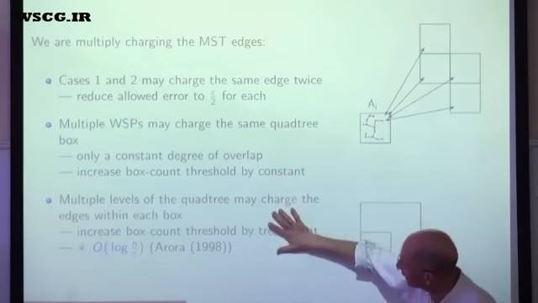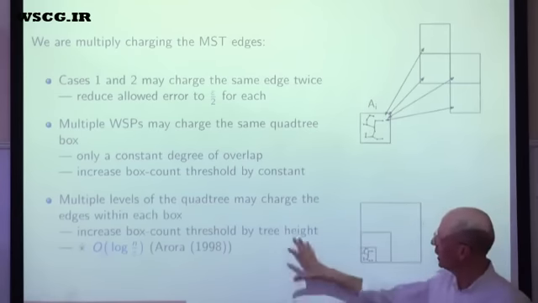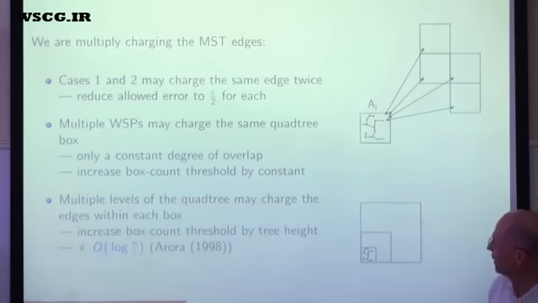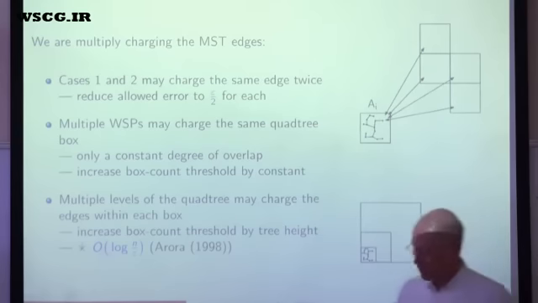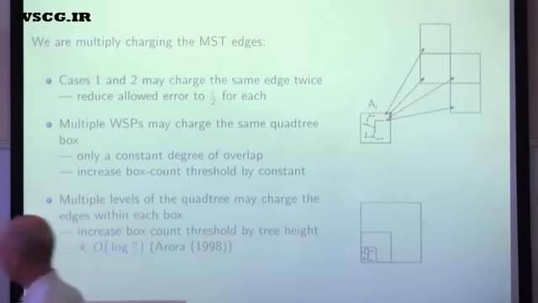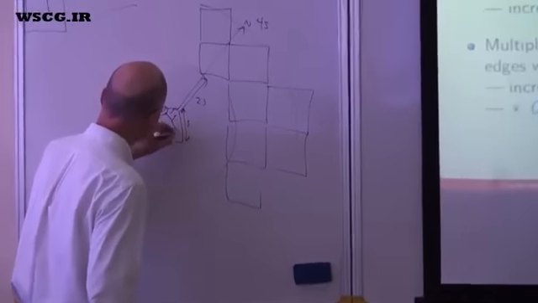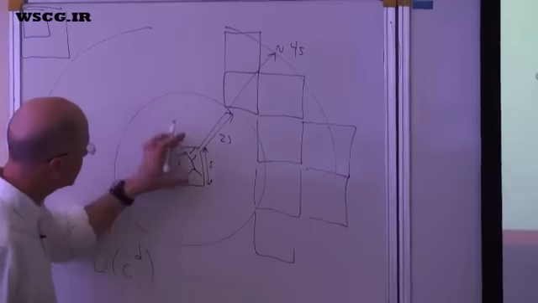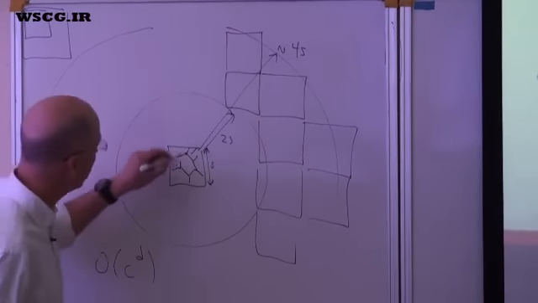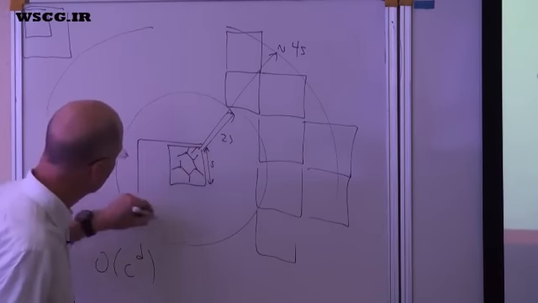The second source of overcounting comes from the fact that the height of the tree is involved here. As I go up to different levels, let me go back to this one. There are some spanning tree edges in here, and these spanning tree edges are being charged by this well-separated pair. But let's look at its parent.